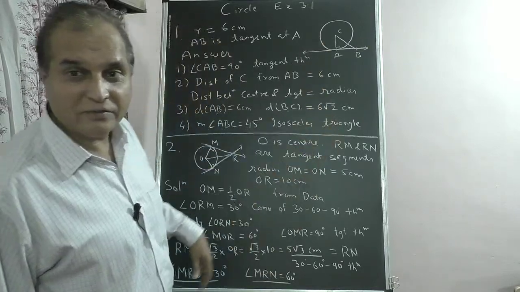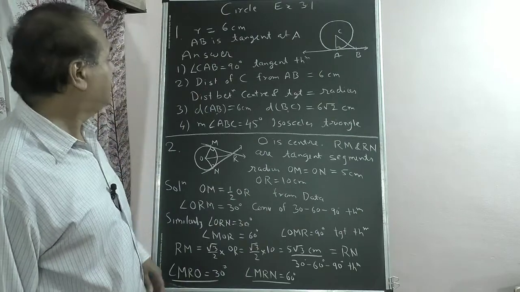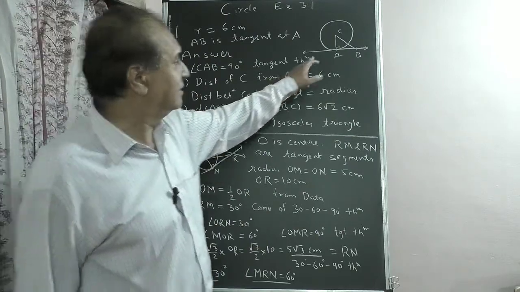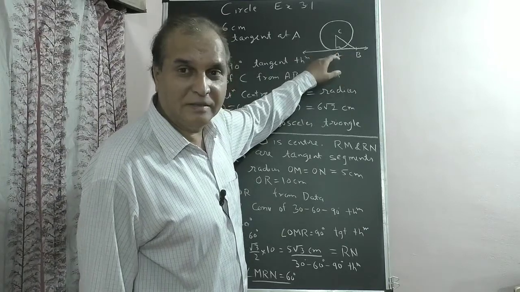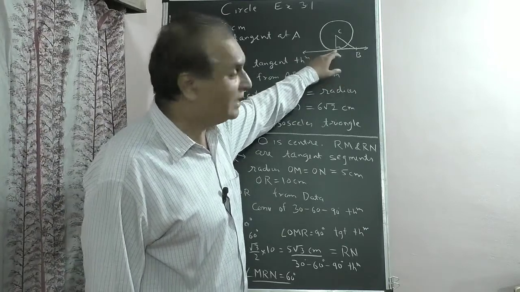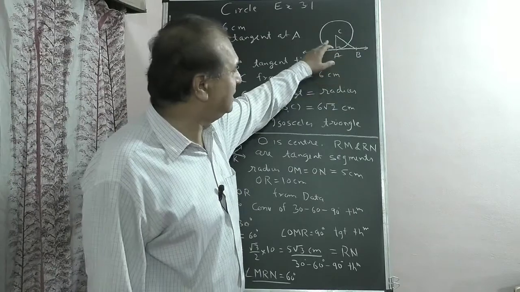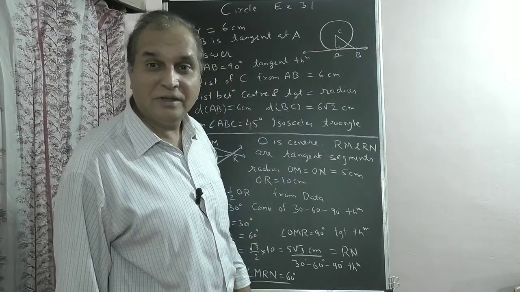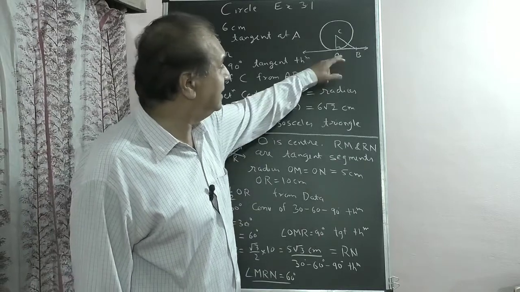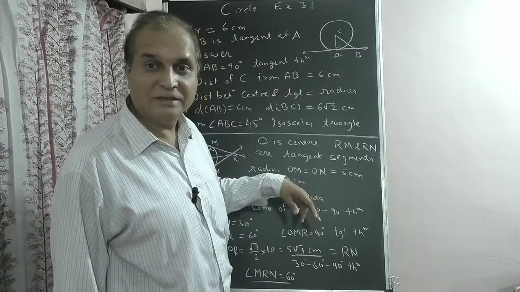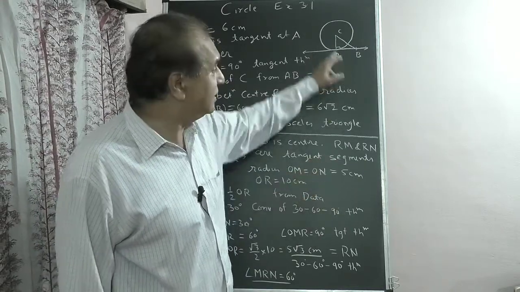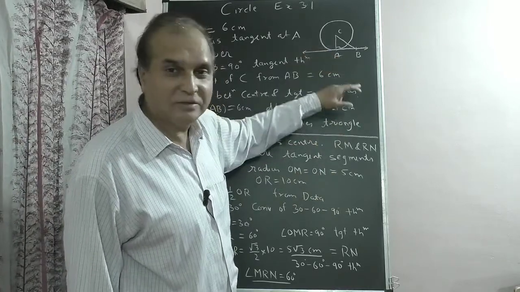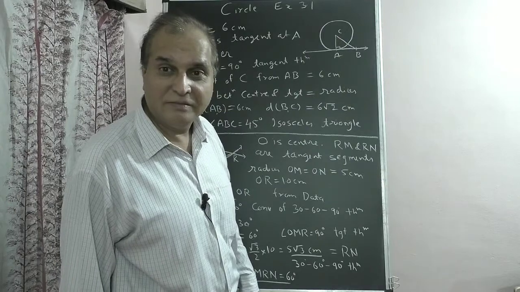A is the point of contact on the circle. Distance AB is also 6 centimeter, AC is also 6 centimeter and this is a right angle. So this is a 45, 45, 90 triangle, an isosceles triangle, since AB equals AC, both are 6. If you are confused, you can use Pythagoras theorem directly: AB square plus AC square equals BC square.